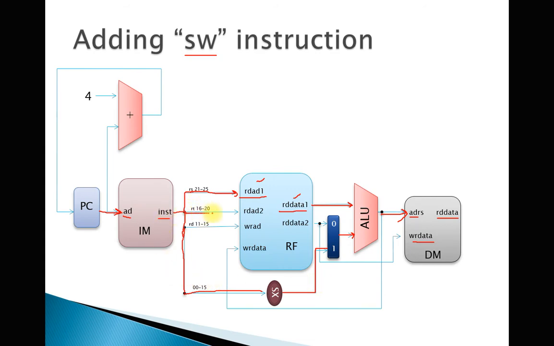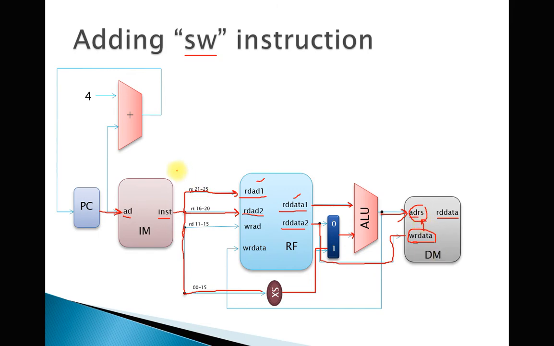Now we have to get the data from RT. This reads the address and this reads the data, which then moves on to here. We don't want to pass it into the ALU. This is the data that we want to write. We already have the address, so just put that data to that address.